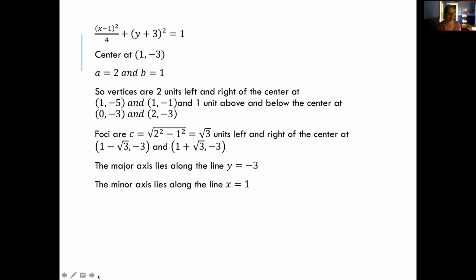So this particular ellipse will be centered at 1, -3. A is 2, B is 1.